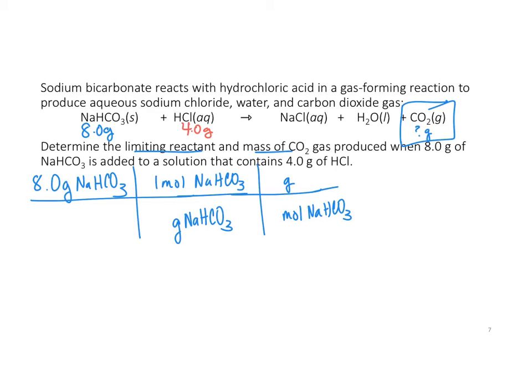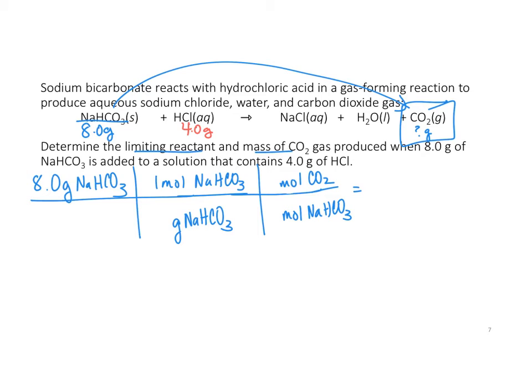So we're changing substances. So we go from mole of sodium bicarbonate to mole of carbon dioxide, and I just stay there. I just go to the mole, and then I'll figure out grams once I find out my limiting reactant.